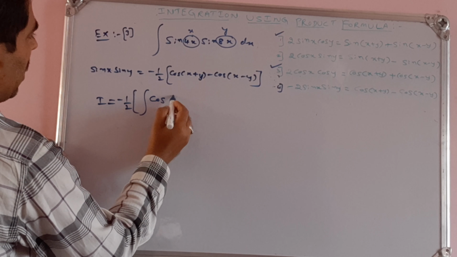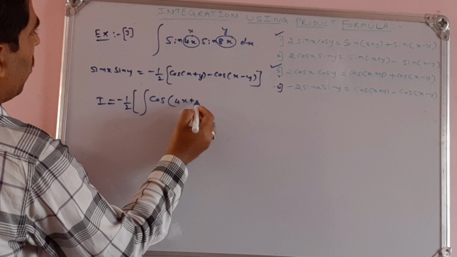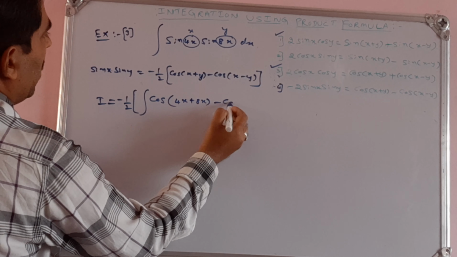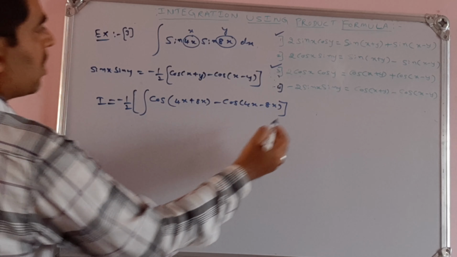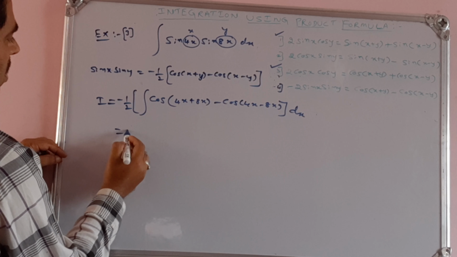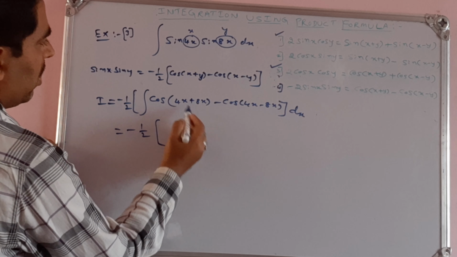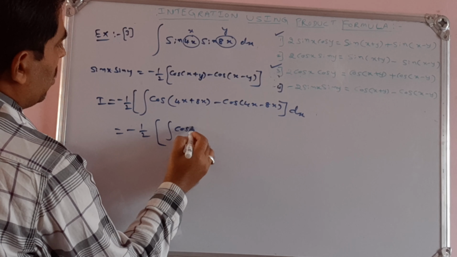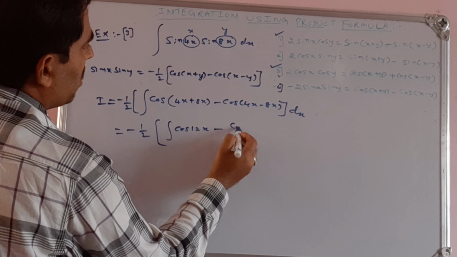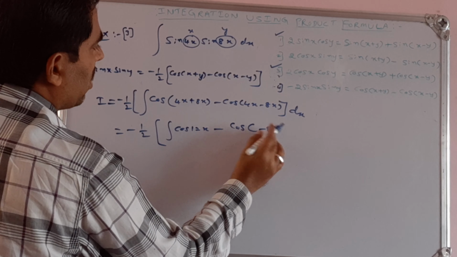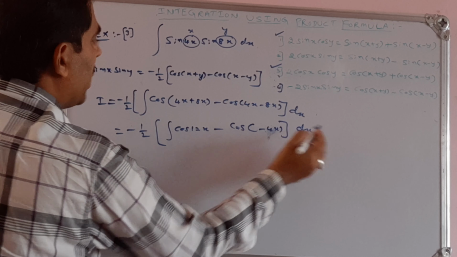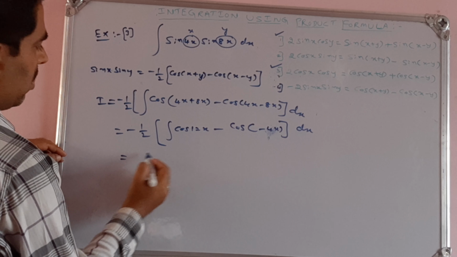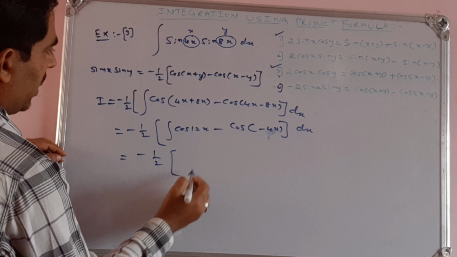Then I can write that as cos of 4x plus 8x minus cos of 4x minus 8x dx. This is minus half into the integration of cos 12x minus cos of 4x minus 8x, that is minus 4x, dx.